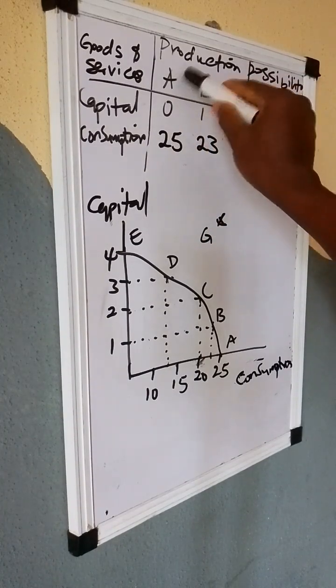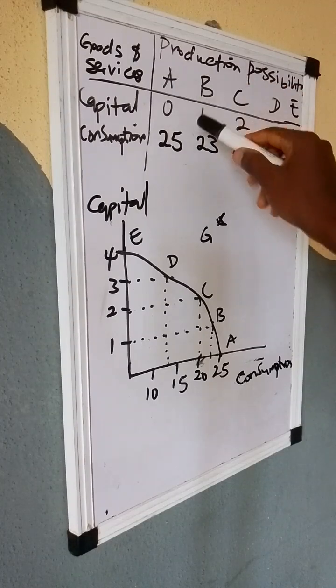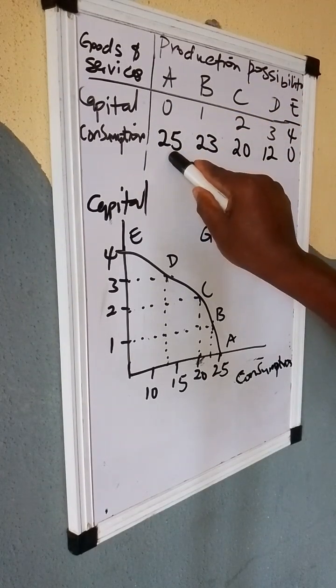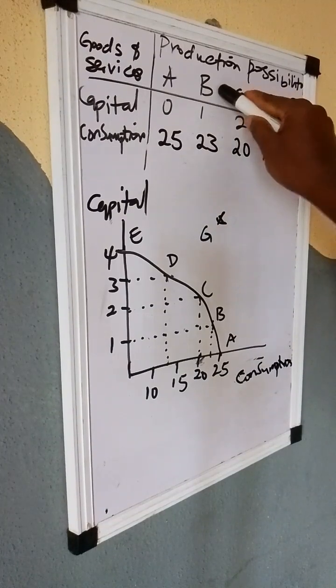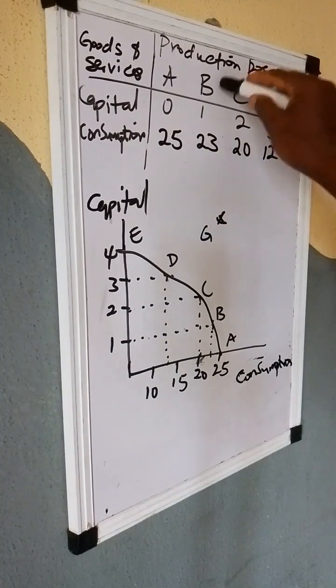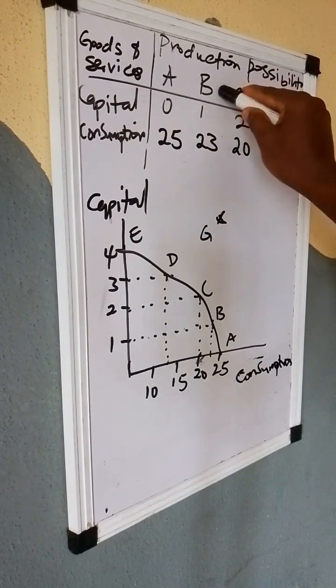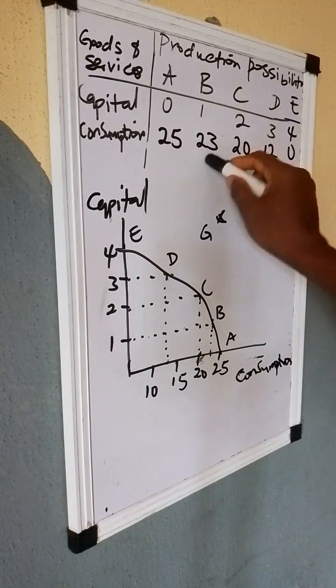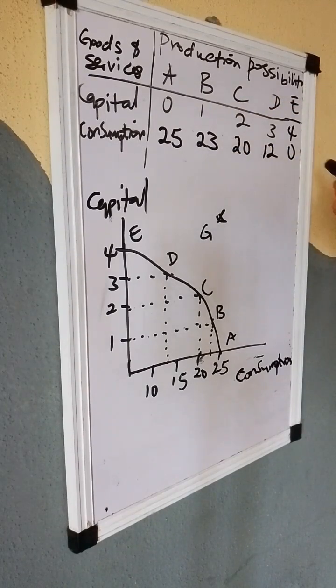Now, look at it. At A combination, the country was able to produce 0 capital goods and 25 consumption goods. At the second combination, that is at B combination, the country was able to produce 1 capital goods and 23 consumption goods. These are just examples.